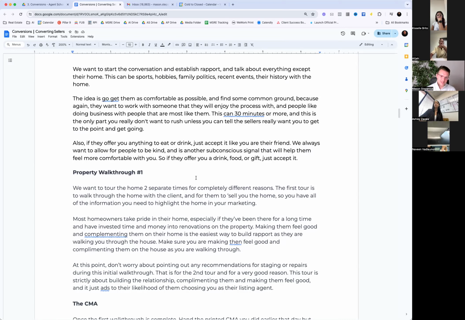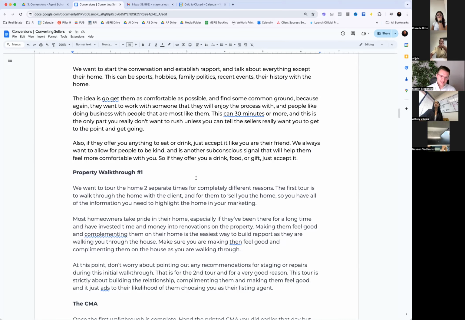Essentially we just say, hey, walk me through and sell the house to me. Most homeowners I've found, especially if they've lived there for a long time or invested a lot of time and energy into the property, into renovations, are going to be super excited about it. We want to feed into that energy. That's the easiest way to build rapport with them.